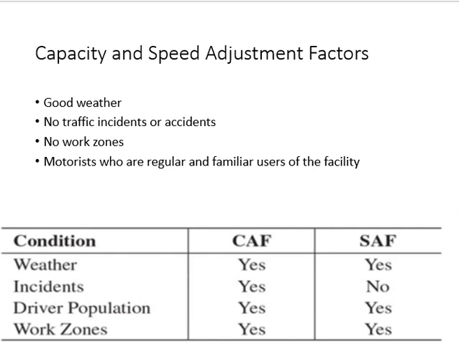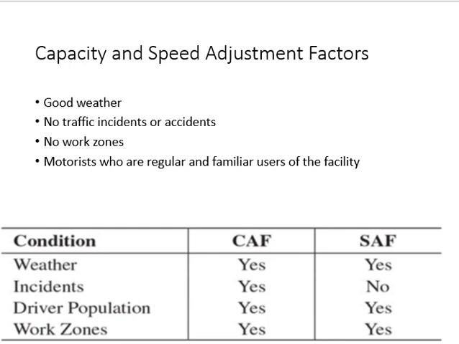Then there are the conditions which require you to apply the adjustment factor to free flow speed and capacity. When do we apply it? When we don't meet any of these four conditions. If more than one condition is not met, you take their factors and multiply them to make them into one.